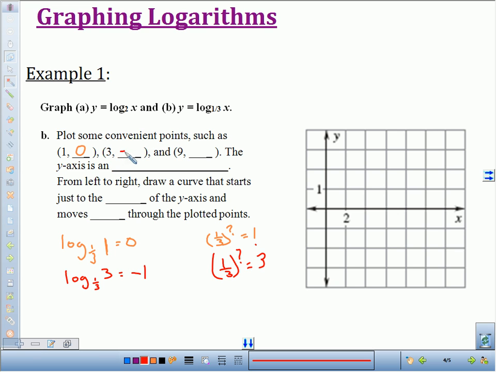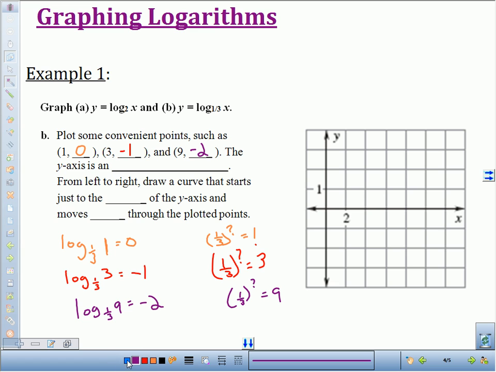So when x is 3, y is -1. Last one we'll do here. Log base 1/3 of 9. What power do I raise 1/3 to get 9? The answer to that is -2. 1/3 to the negative second power is 9.